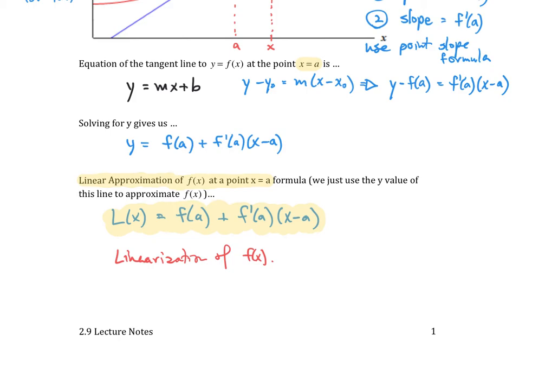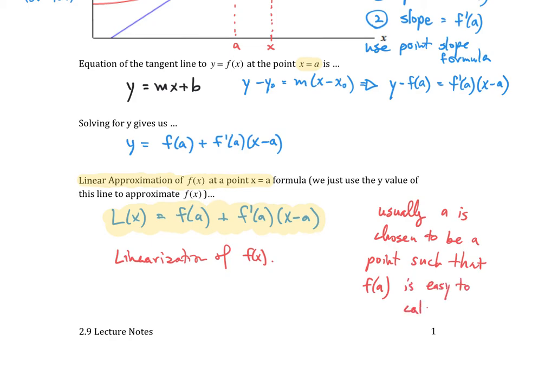My point is that usually a is chosen to be a point such that f of a is easy to calculate.